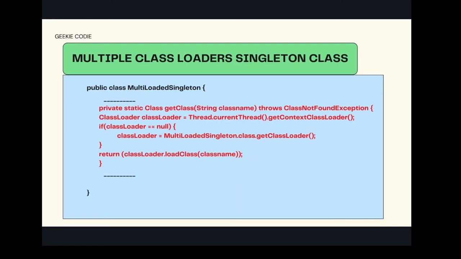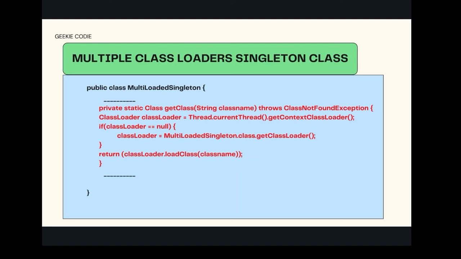Inside the getClass method, we first check if the current running thread has any class loader. If we already have the class loader, we are well and good, and we can return the already loaded class from that class loader. If the class loader is null for the current thread, then for this singleton class we will get the class loader and load the class with the help of the singleton class loader that's already in place.